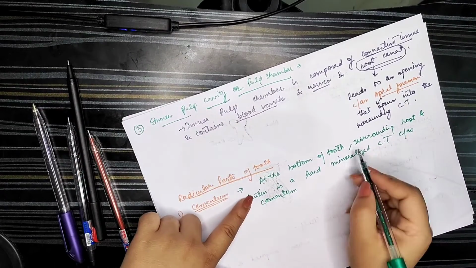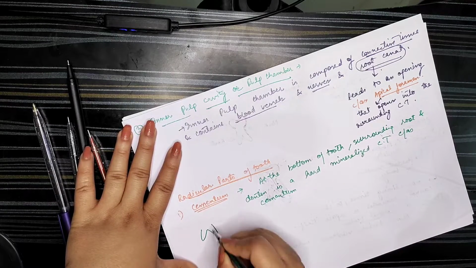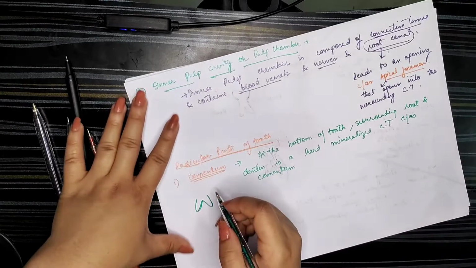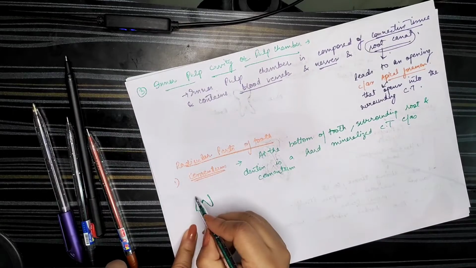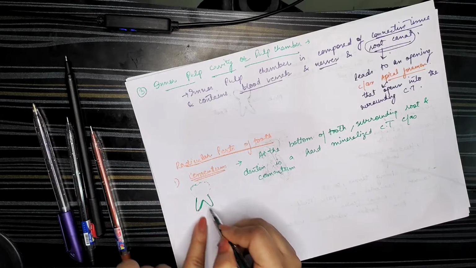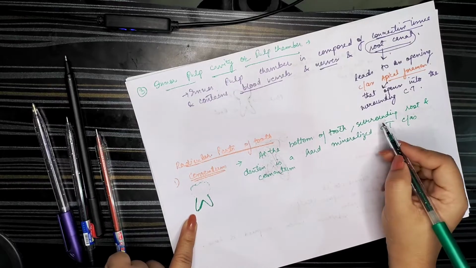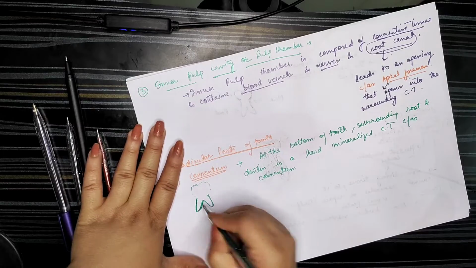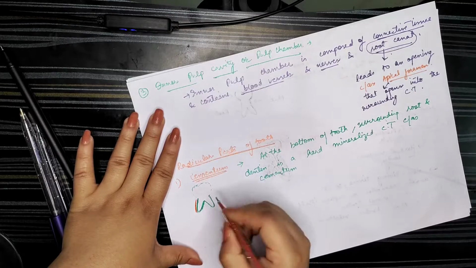So at the bottom of the tooth, let's suppose this is the whole tooth, this is the crown, this is the root, and this is the bottom of the tooth, surrounding the root and dentine. So the cementum is a structure which surrounds the root.